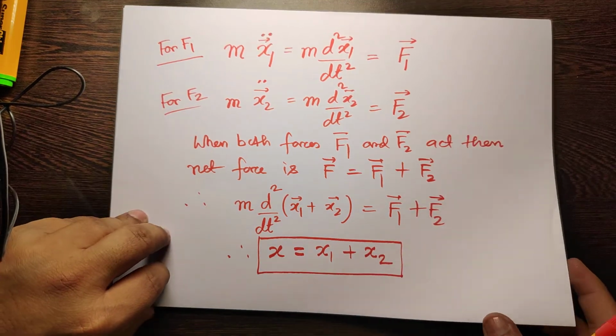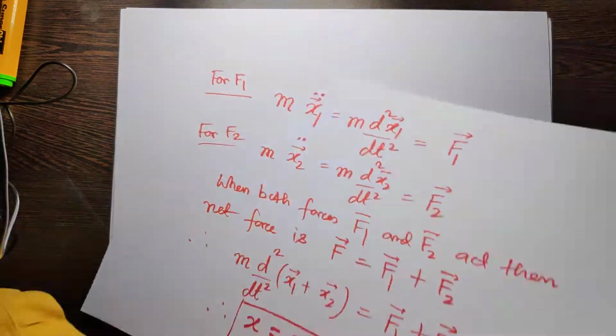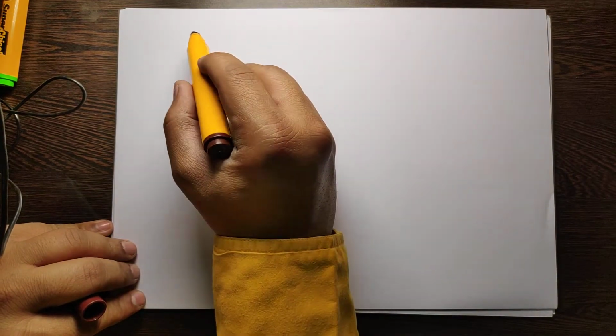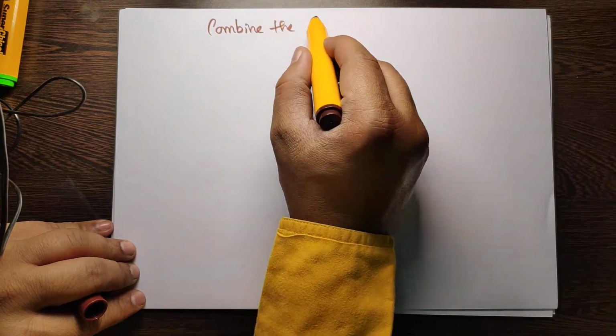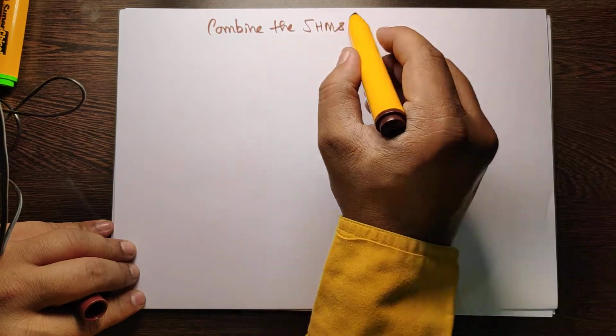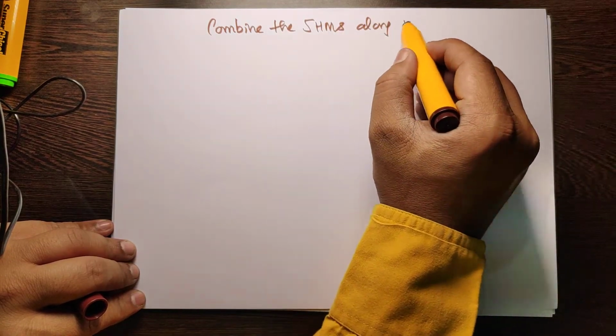So now we will see how two SHMs combine. Suppose we combine two SHMs along the x axis.